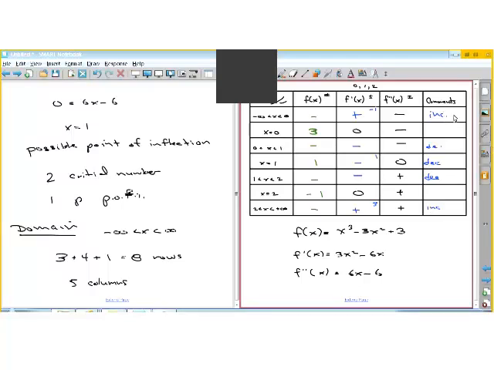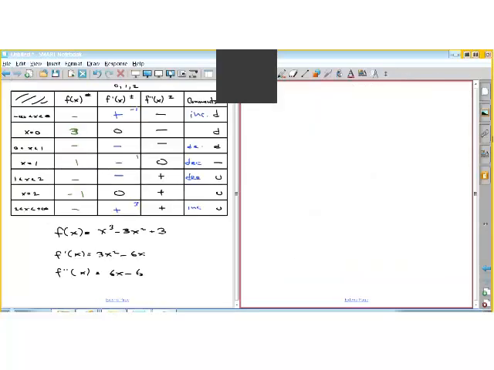And then we can do concave up or concave down. So I'm just going to write D or U. So that's concave down, and that's down, and that's down. And then we have a change here. So there's no change. Changes from down to up, up, up, up. So there's comments about concavity.